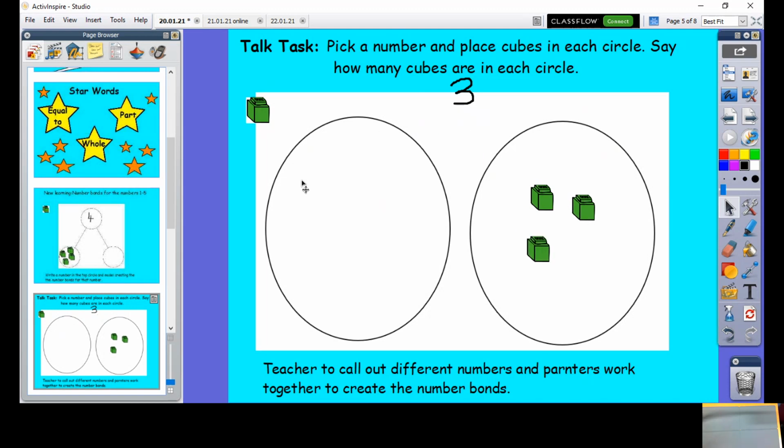Now, what have I got in this part, boys and girls? Yes, I've got 0. I've got none. So I can put a 0 there. How many have I got in this part, boys and girls? 3. So I can write my 3, and I can go 0 and 3 makes 3. Fantastic. Well done, boys and girls.